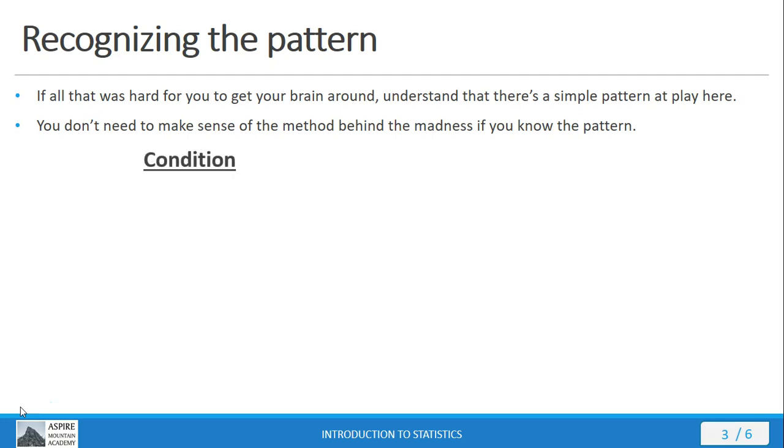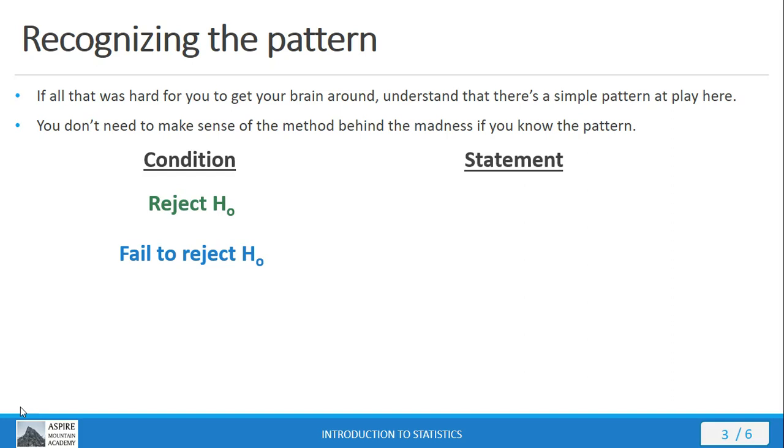So first, we have to understand there's a condition that's coming out of our hypothesis test. The result could be that we reject the null hypothesis or we fail to reject the null hypothesis. We're going to have one of those two results. So there's a statement that we're going to make depending upon which of those two conditions we have.